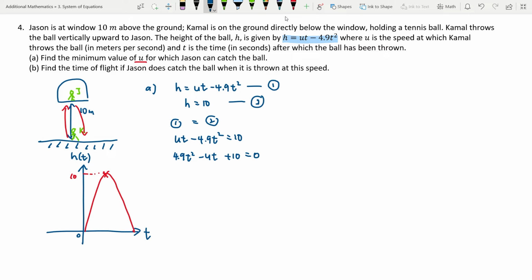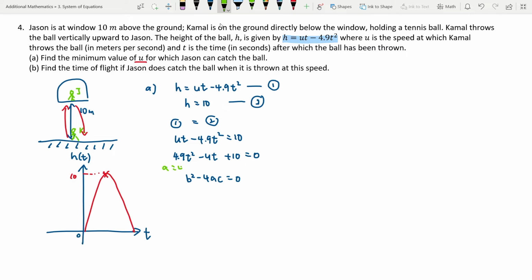Since 10 is our maximum value, that means the line h = 10 touches the curve ut - 4.9t², and we get the discriminant is equal to 0.